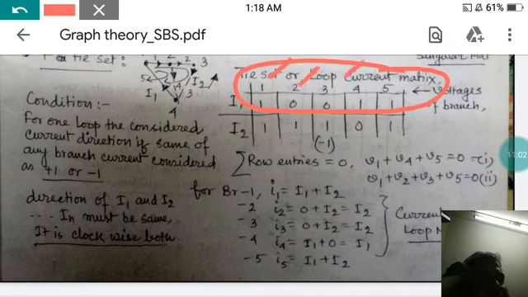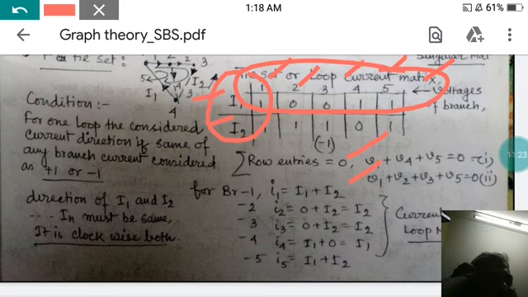These particular values are the V, and V is the branch voltage. And this is the loop current I1 and I2. So this entry and this entry must equal 0. So V1, V4, V5 equals 0 for the first one, and V1, V2, V3, V5 equals 0 for the second one.